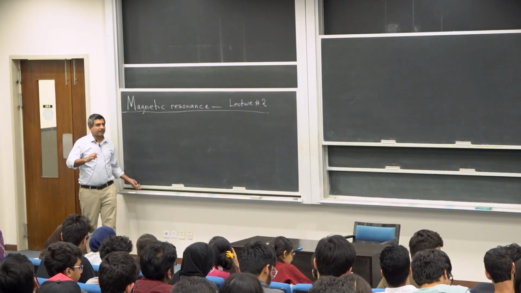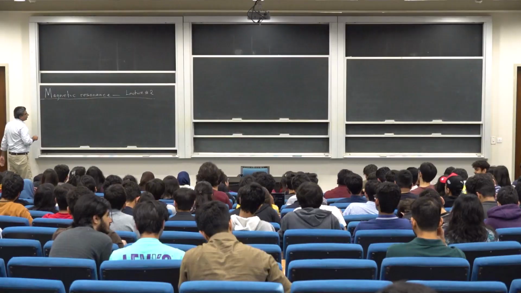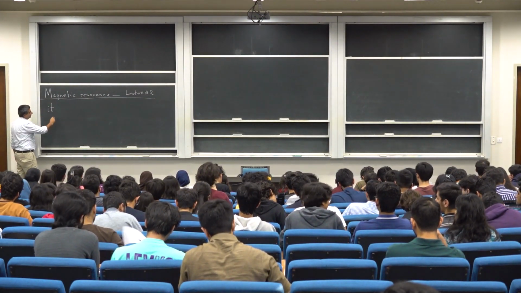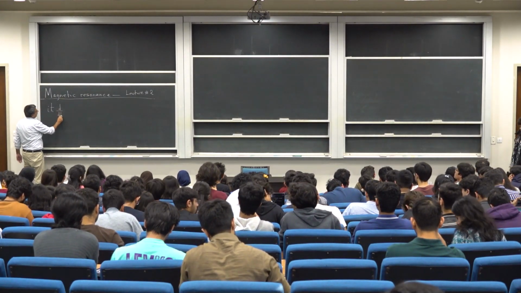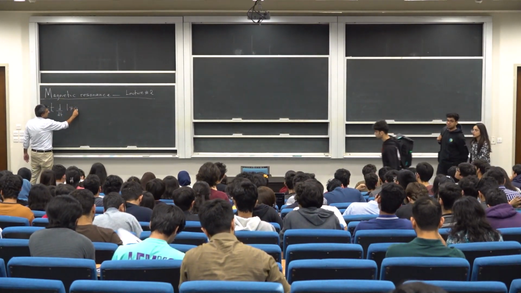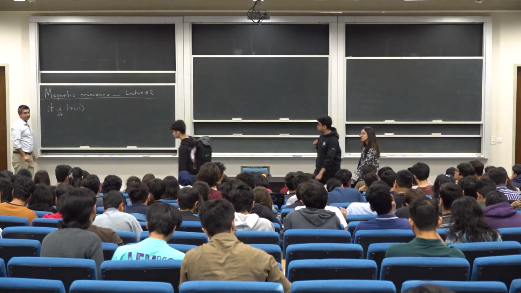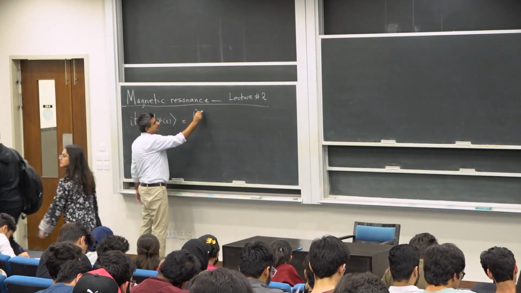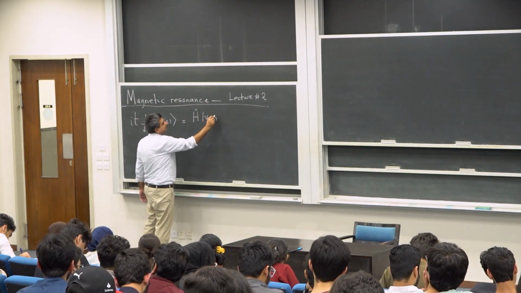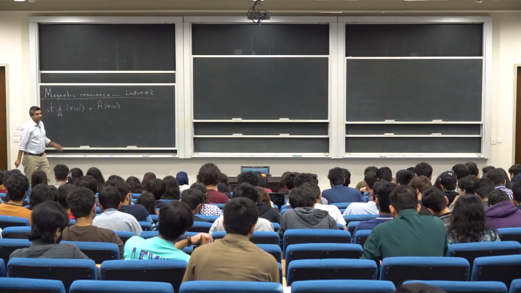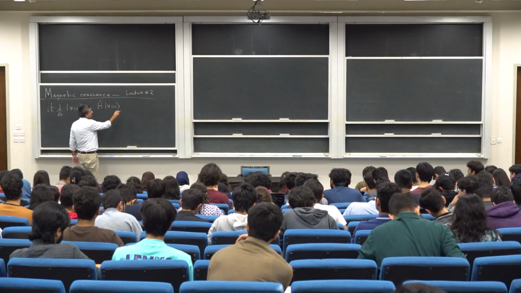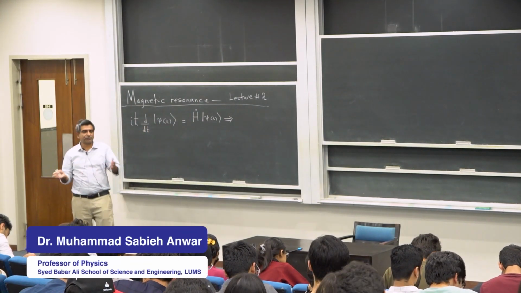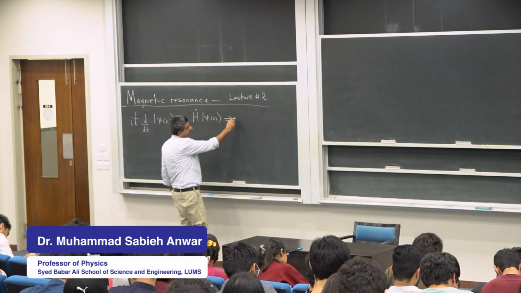So can you remind me what the time-dependent Schrodinger equation looks like? i h bar, the derivative of the quantum state, which now is a function of time, equals the Hamiltonian acting on the quantum state. Solving this equation means finding the time course of the quantum state.